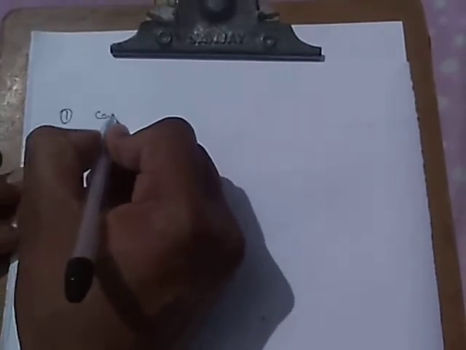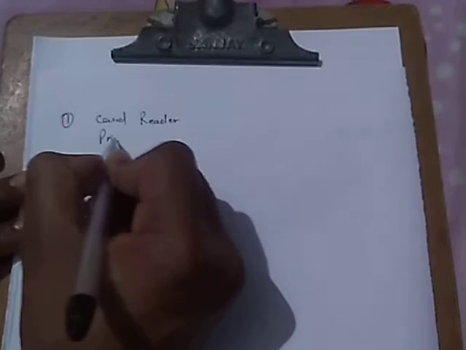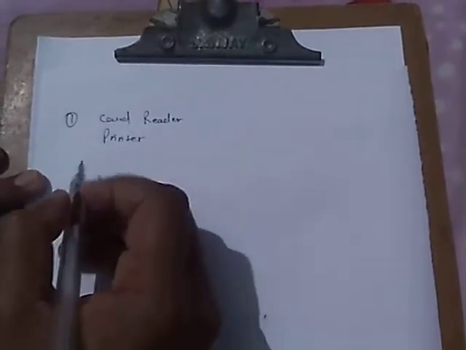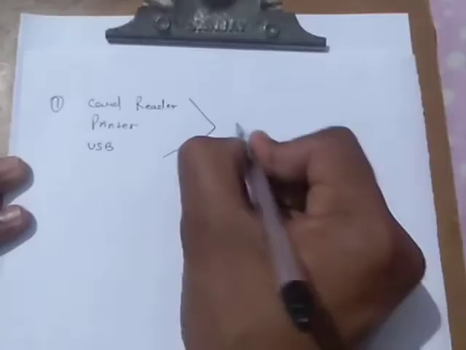Now, what does an operating system do to perform spooling? Point number 1, operating system handles input output devices as devices have different data access rates. So suppose we have a card reader, we have a printer, you have attached a USB to a system.